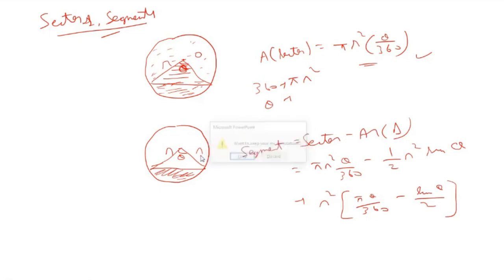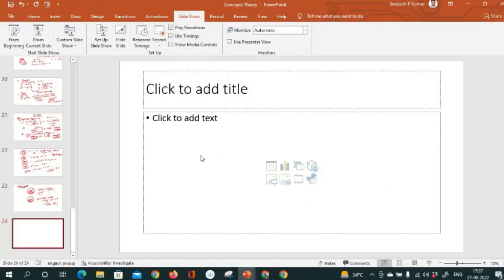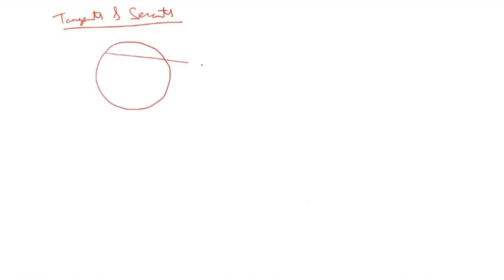Okay, now we come to the third and very important aspect of circles, which are properties around tangents and secants. As we just covered, the chord being extended out till outside, like this and this, these are called secants here.